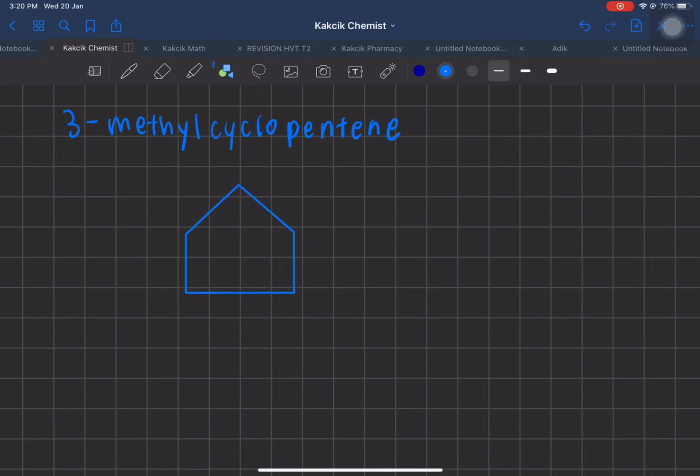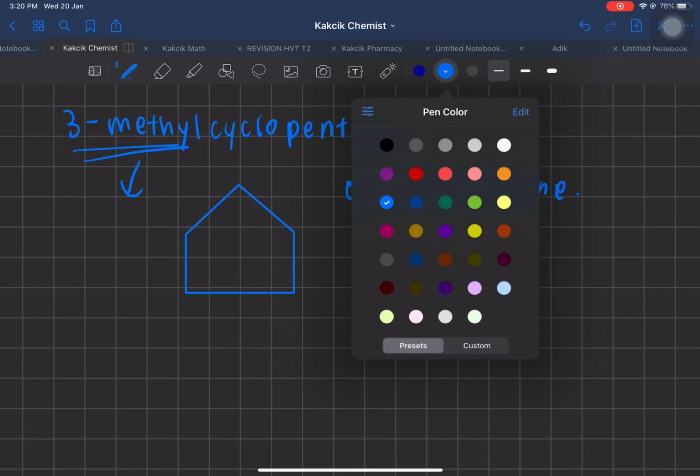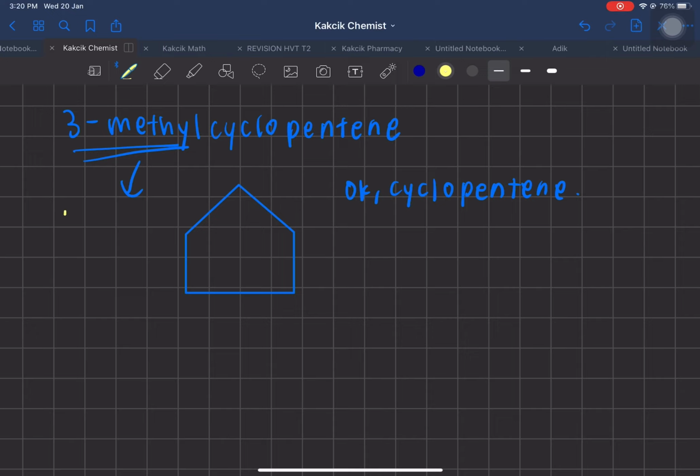Alamak, hilang. Okay, 3 methyl cyclopentene. Ni pun cantik sikit. Okay, cyclopentene. Dah jadi dah 1 cyclopentene, tapi kita tak ada double bond lagi kan.